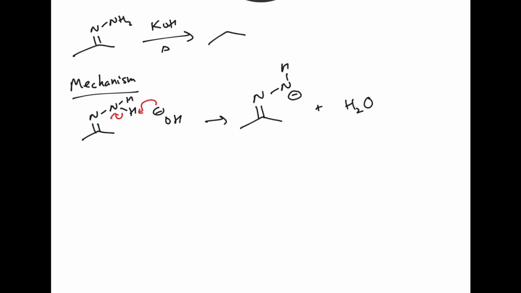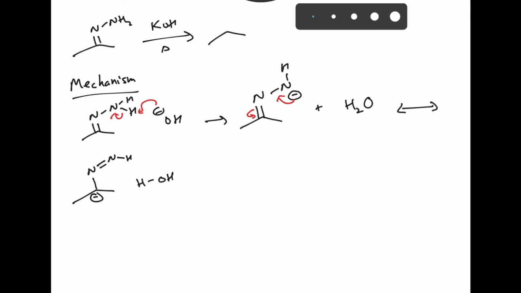Now at this point, we can have a resonance structure where we move that negative charge. So we can have a resonance arrow here. These electrons will come down, make a nitrogen-nitrogen double bond, and push electrons onto the carbon. So that's going to give us our carbanion. We can then protonate that carbanion from water, the water that we just generated.